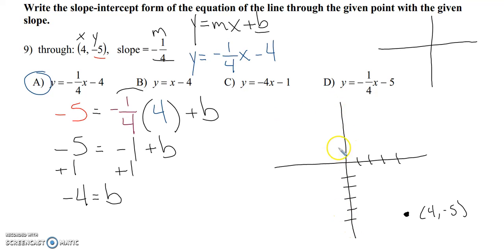Our slope is negative, so it's decreasing from left to right. So we're going to be going up 1 and to the left 4. 1, 2, 3, 4, which actually brings us right there. Our y-intercept is -4, and that's what this point is. x is 0, y is -4.